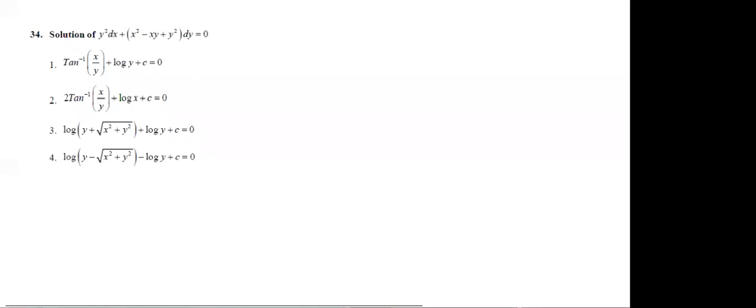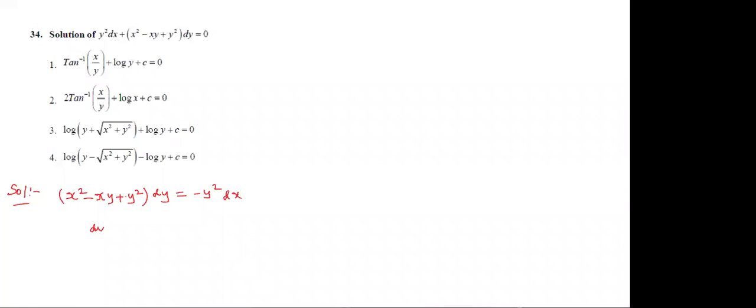34th question. How to do this? y square dx. So y square dx, send to right hand side. x square minus xy plus y square into dy, that is equal to minus y square dx.